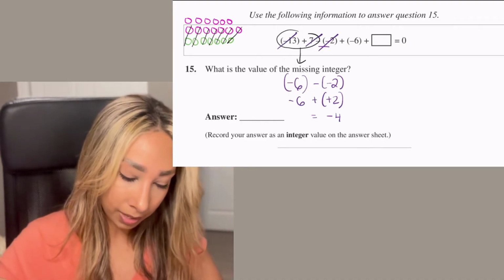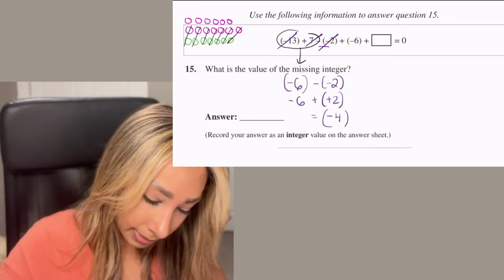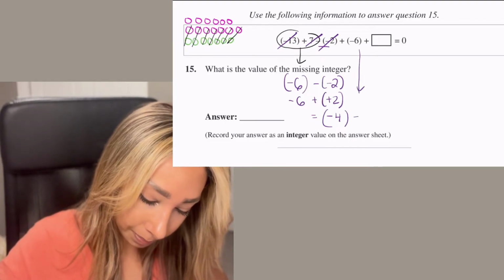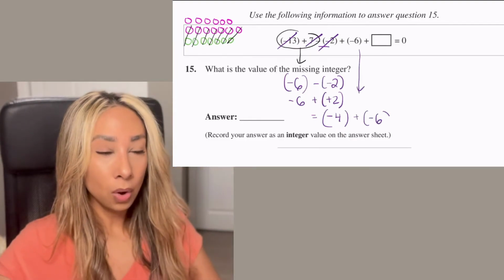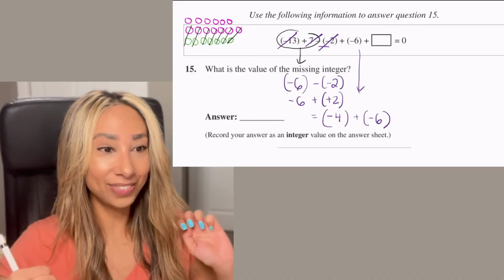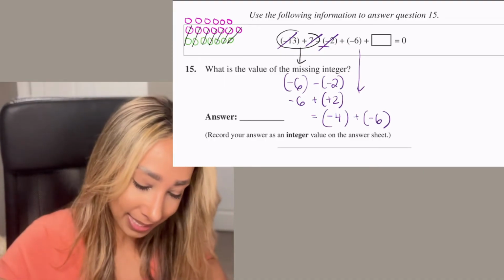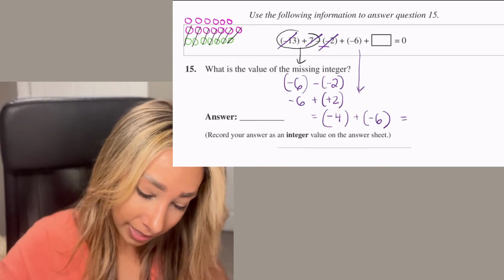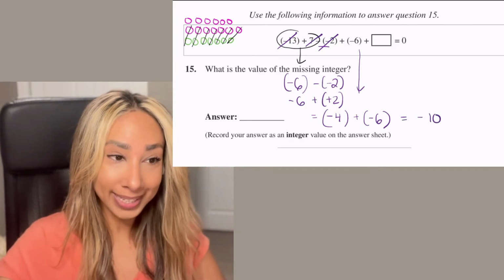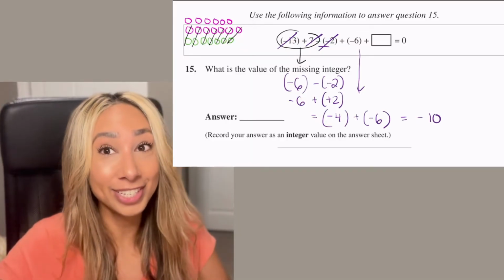Now we've got -4 and we're going to add -6. In my mind I'm picturing 4 red tiles and 6 red tiles, and we're just combining them. That's going to leave me with -10. But let's go back and look at what the question says, because -10 is not our answer.